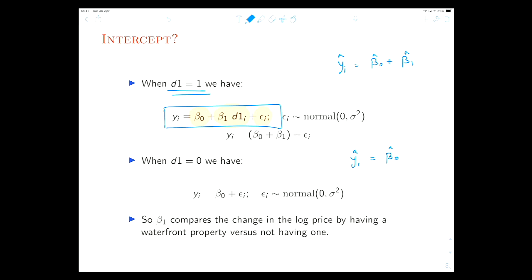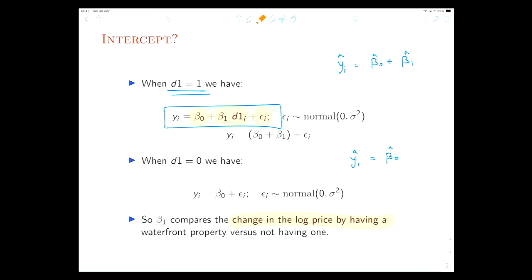So in this representation, beta 1, our estimate for the slope coefficient, represents the change in log price for a house having a waterfront.